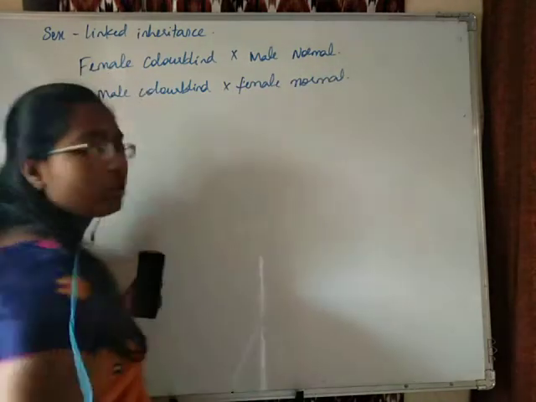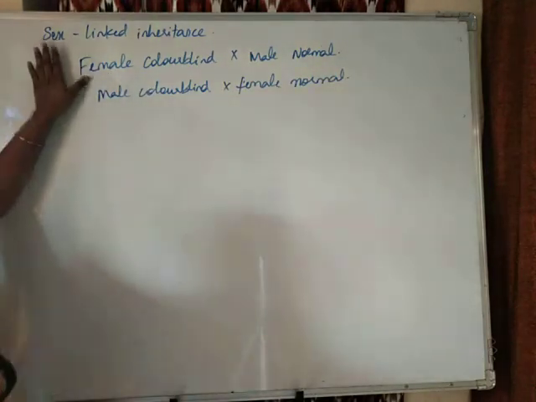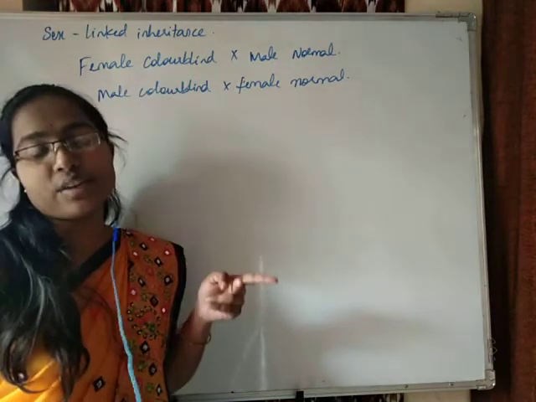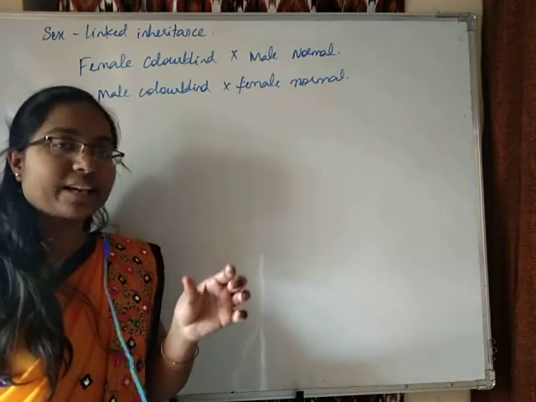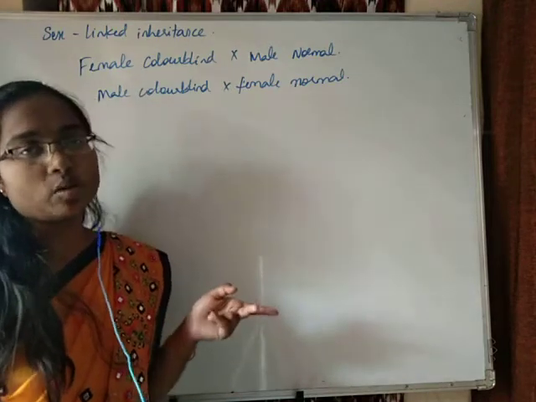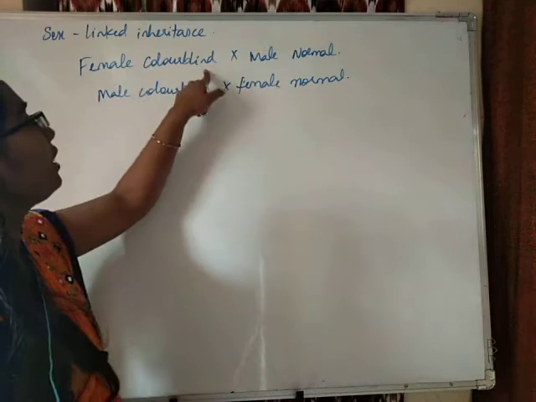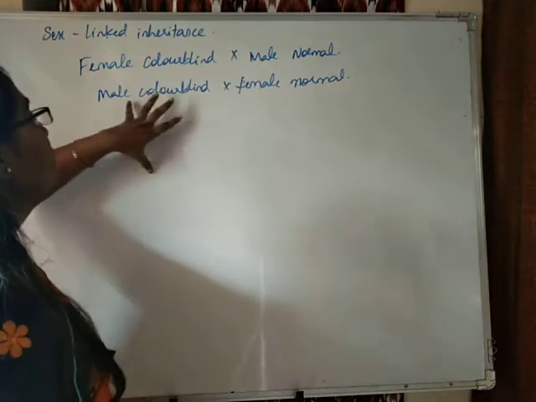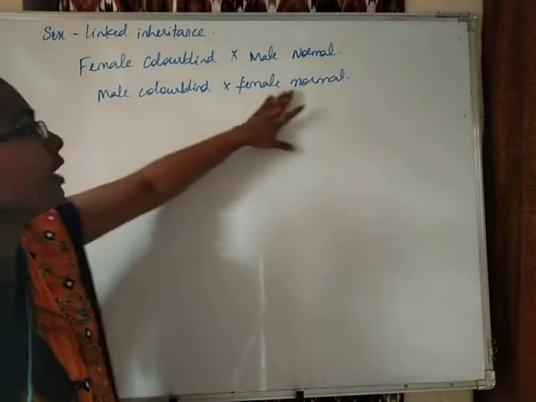So this is the first cross and the second one is the reciprocal cross. That means for the same characters, we are making the sexes opposite.